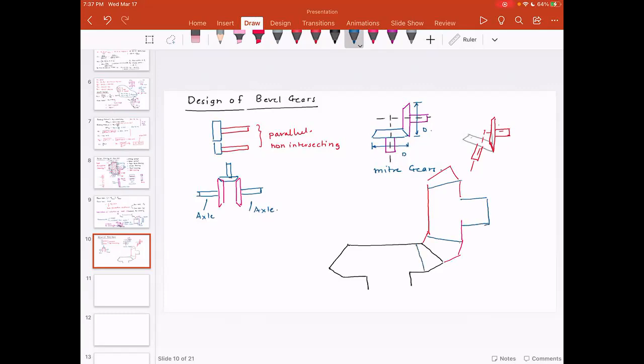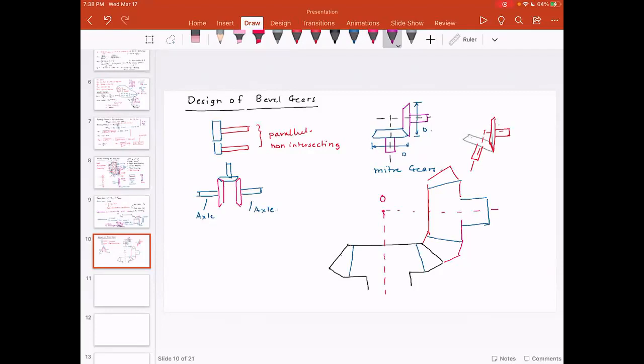If you look at the way the gears are, the center lines of the shafts in this configuration are intersecting at this point. And this point is called point O. So point O is where these shafts are intersecting.